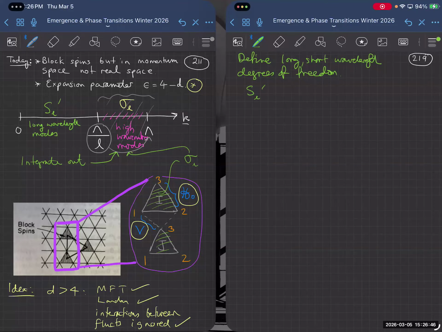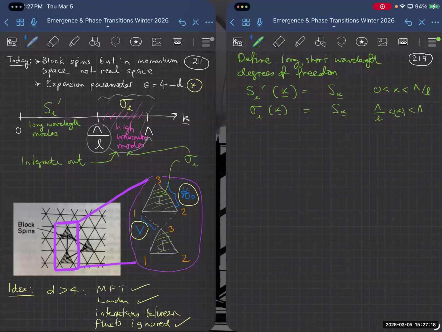I'm going to define S_L prime of k to be the same thing as S of k only when 0 is less than k is less than lambda over L. And then I'm going to call the sigmas, sigma_L of k, the S of k's which are in the range lambda over L is less than k is less than lambda. So those are the long and short wavelength degrees of freedom.